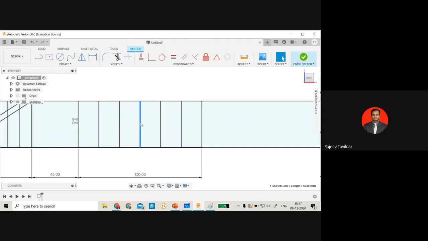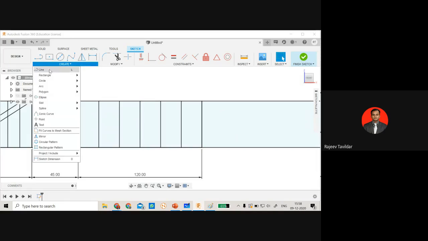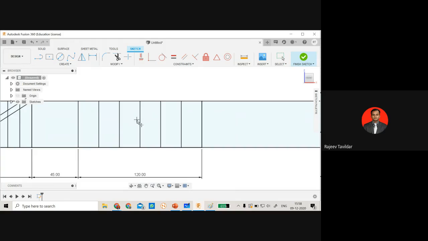The midpoint of this particular line. So let me mark the midpoint of this line. I have marked the midpoint of the line which is in the middle of that particular stroke.